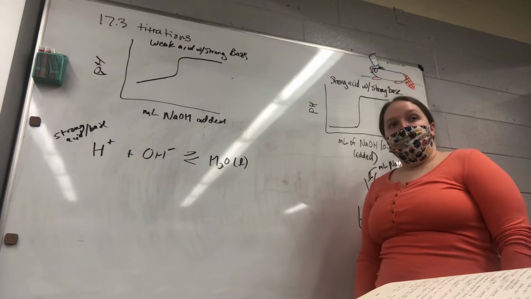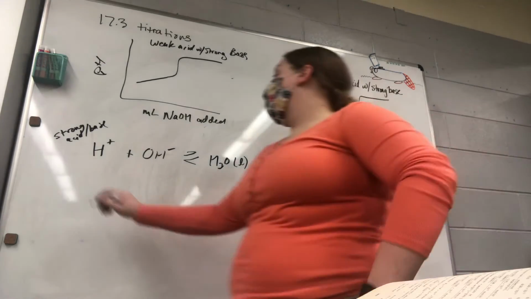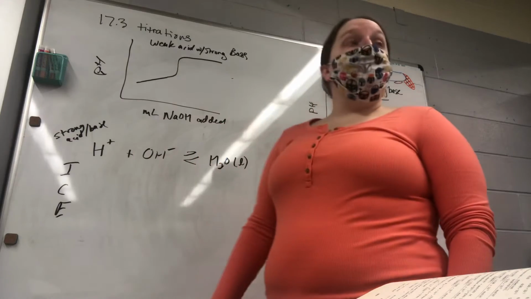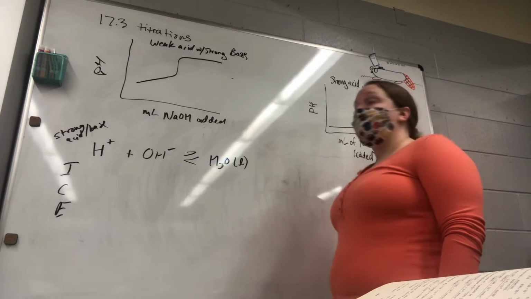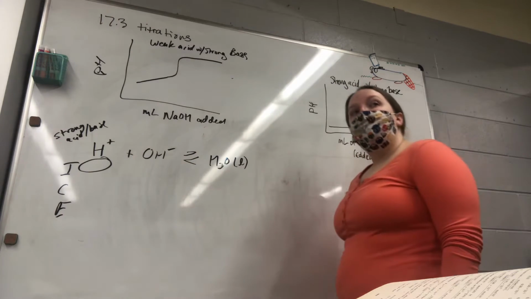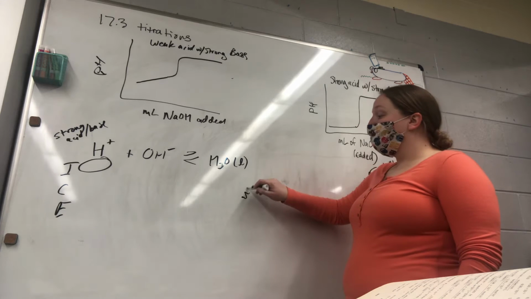Okay. And I'll remind you that when we did these, we talked about ice tables again, right? My initial information was whatever was in the beaker. So in most of them, we started with acid in the beaker, right? Say we started with a certain number of moles.